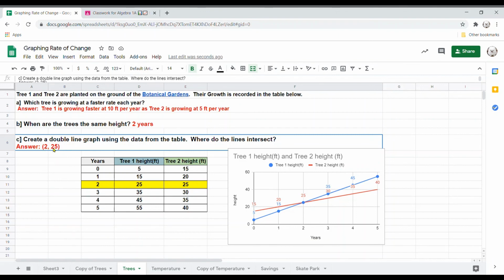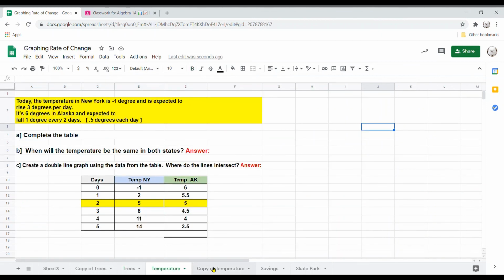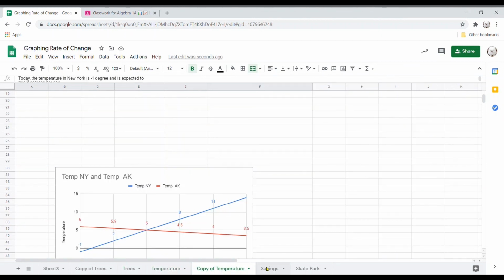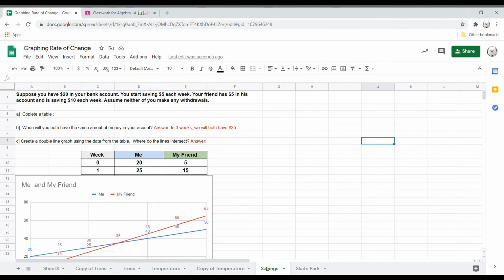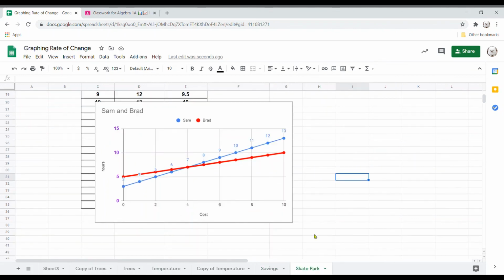So horizontal, vertical, 2, 25, or better known as the XY coordinate. Make sure you click on the tabs on the bottom to ensure that you're doing all of the problems. Okay, any questions? Just send me an email and I'll help you out.